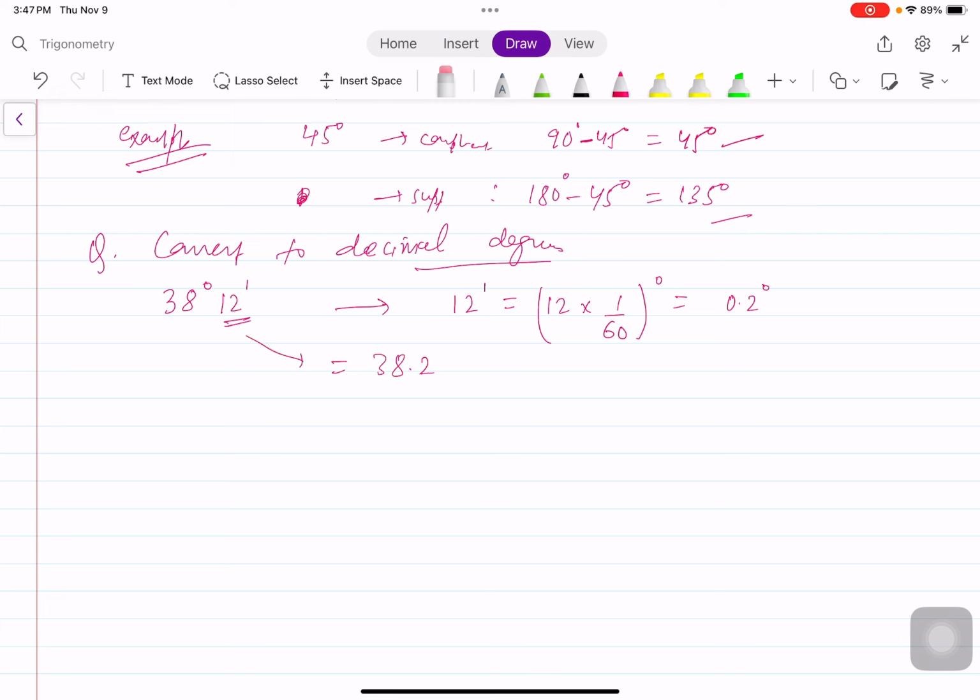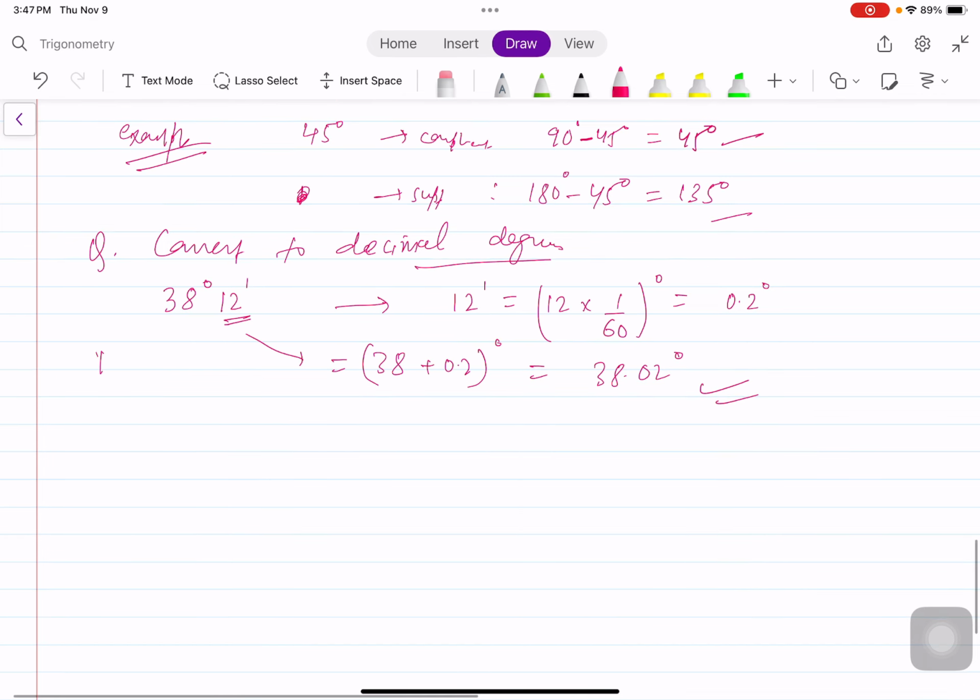So you add these two values, and this is 38.2 degrees. So this is how we convert from the degree-minute system, DMS, to degrees.